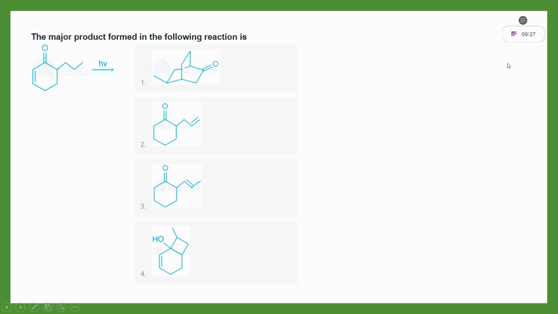The major product formed in the following reaction is, among these four options, which can be the most appropriate answer? So students, light is given, right? And you are given this starting material.